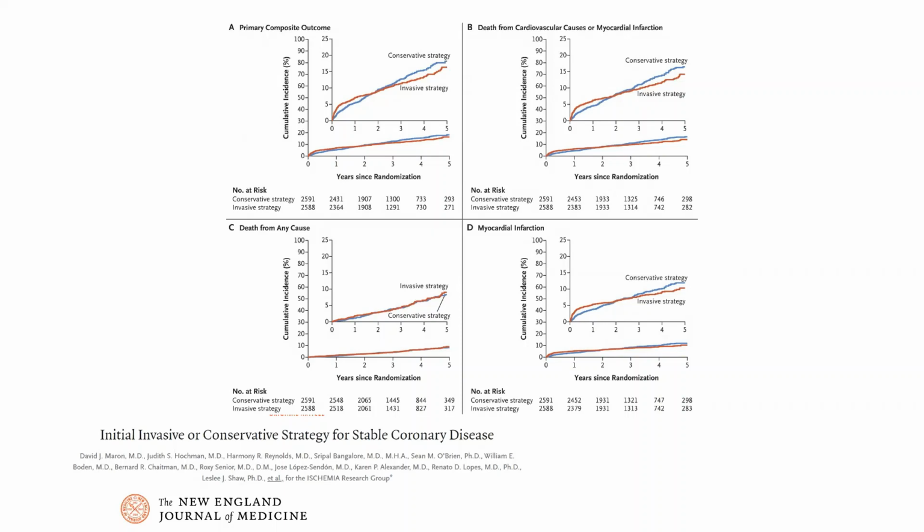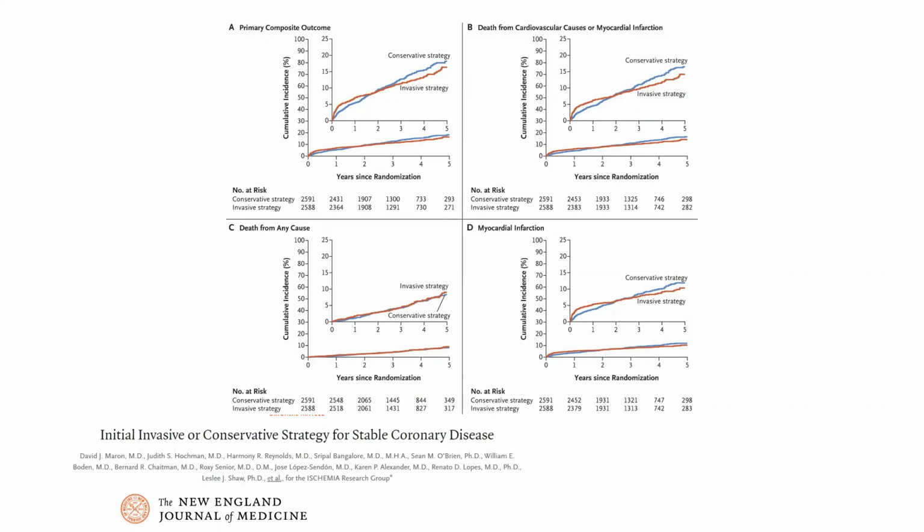Now we have the ISCHEMIA trial, okay? And the ISCHEMIA trial was a really courageous trial. It came in tandem with previous studies, which had evaluated medical therapy versus revascularization. But this one was a larger, landmark trial, and it chose patients of moderate to large ischemia by non-invasive testing. Okay, so they chose serious patients.